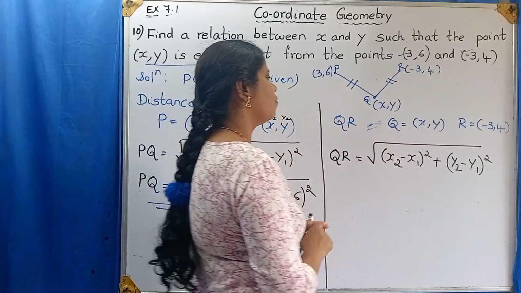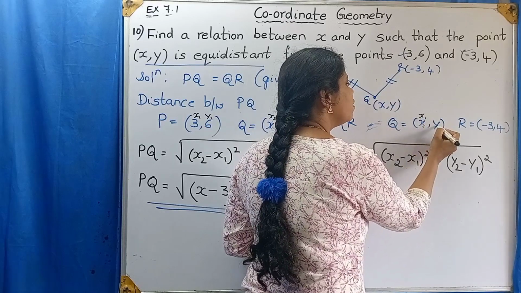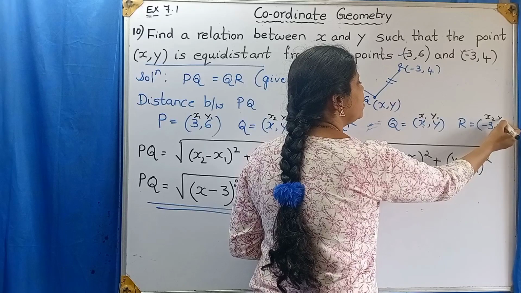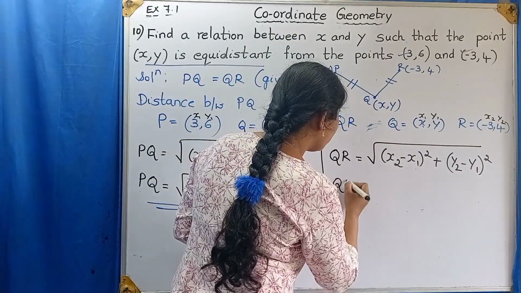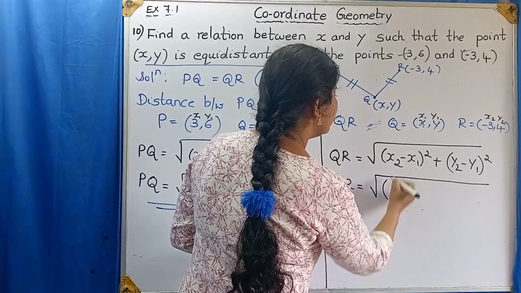Now this is our x1 and this is our y1. This is our x2 and this is our y2. Therefore, QR is equal to square root of bracket x2.